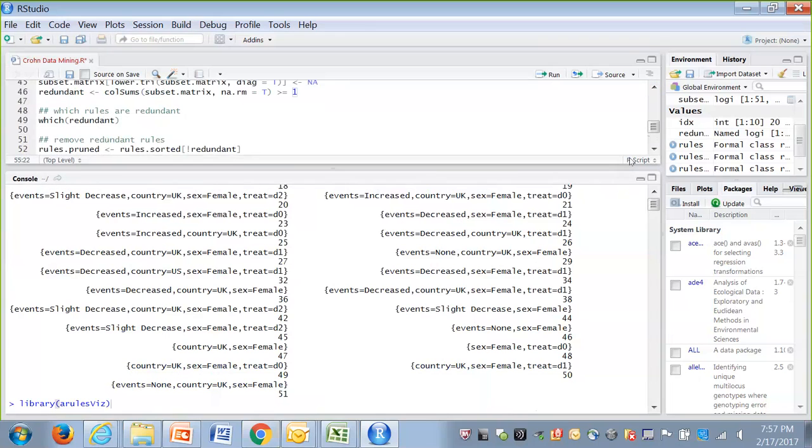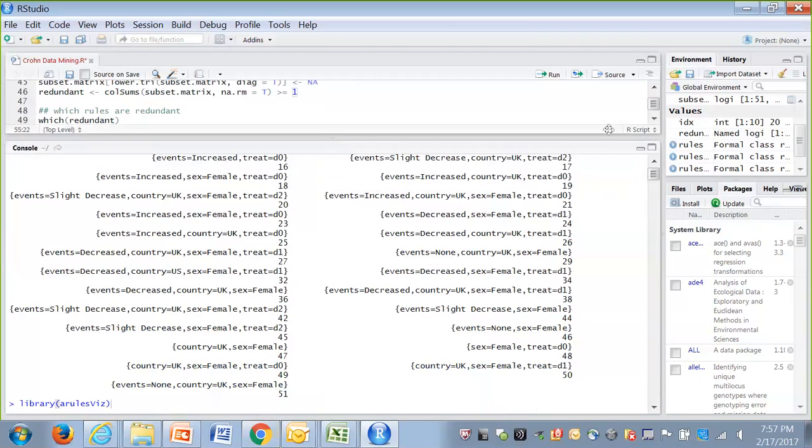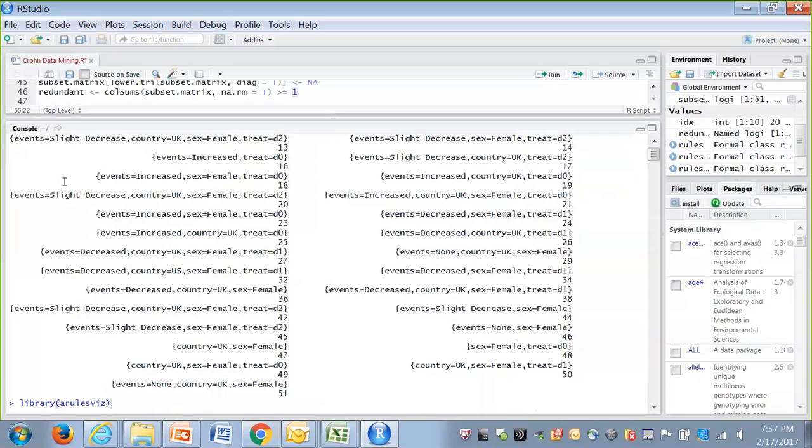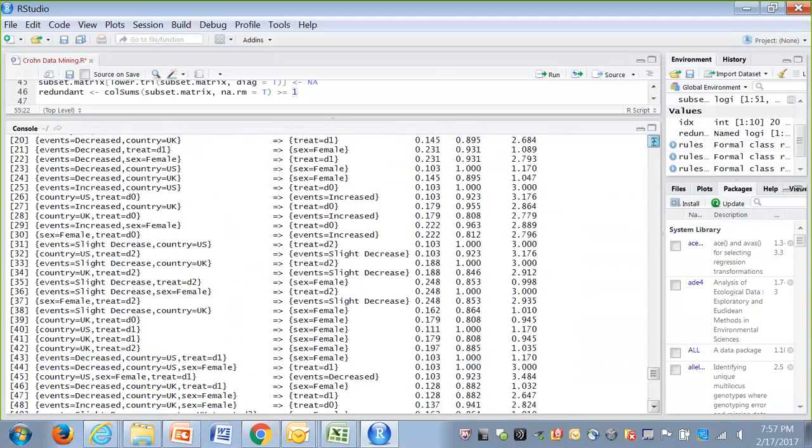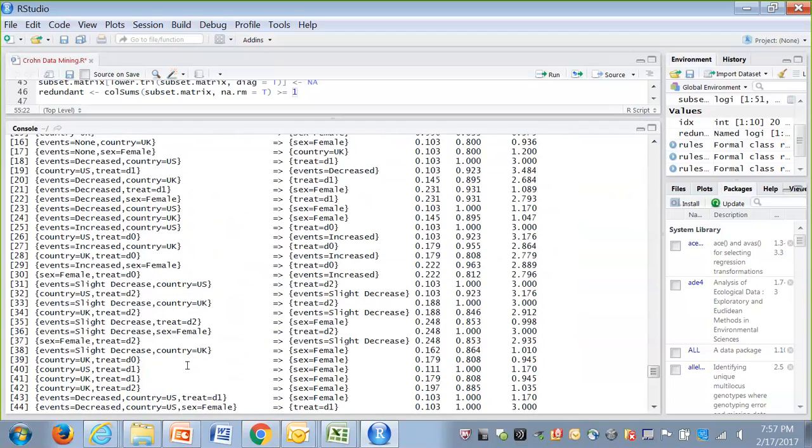Yeah, so rule 20, this one right here, is a slight decrease, country UK, sex female D2. That's a redundant rule, and the reason is it's probably a subset of this one and this one.